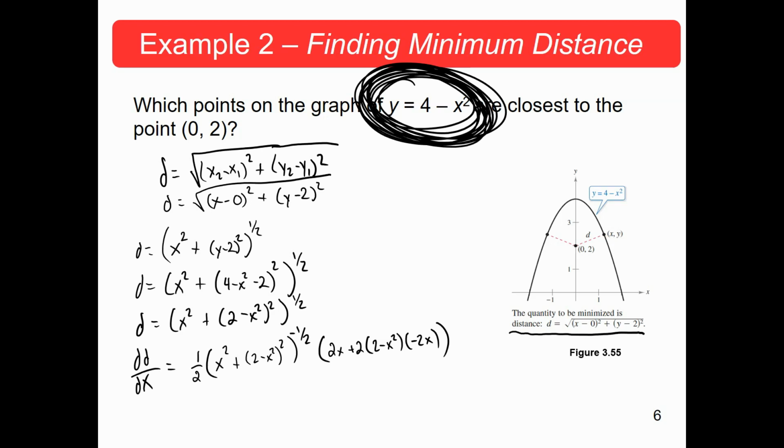All right. Hard part is now over. We found the derivative. We need to take the derivative and set it equal to 0. All right. So let's rewrite this up here.